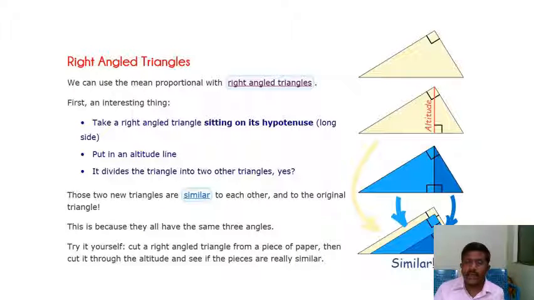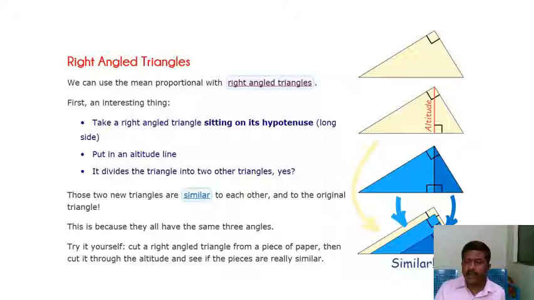Now look here in right angle triangles. This is one triangle. Suppose this is the base and we draw the altitude in this way. This is now the altitude. Take a right angle triangle sitting on the hypotenuse. This triangle is on the hypotenuse and we can draw this altitude from the upper vertex. So this is the main triangle.